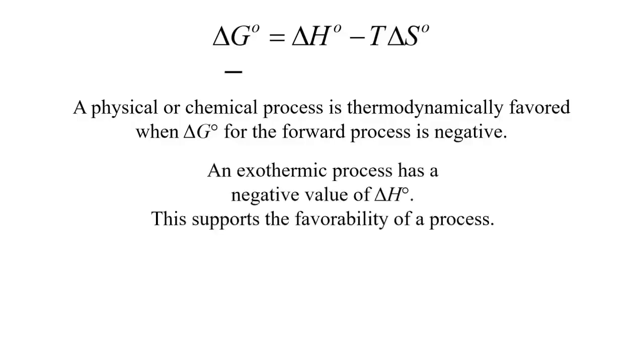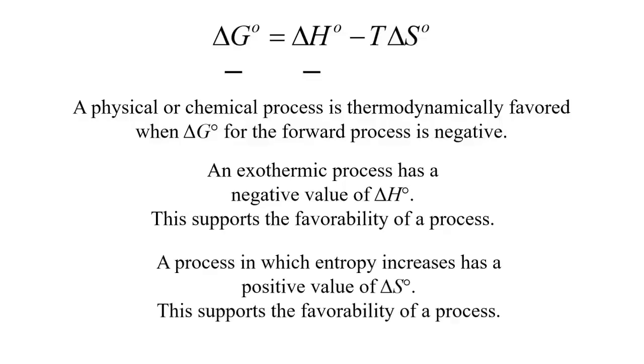Well, if we have an exothermic process that has a negative value for delta H, this does support the favorability of a process. And what about delta S? Well, if we have a positive delta S, a process in which the entropy increases, then this also would support the favorability of a process.